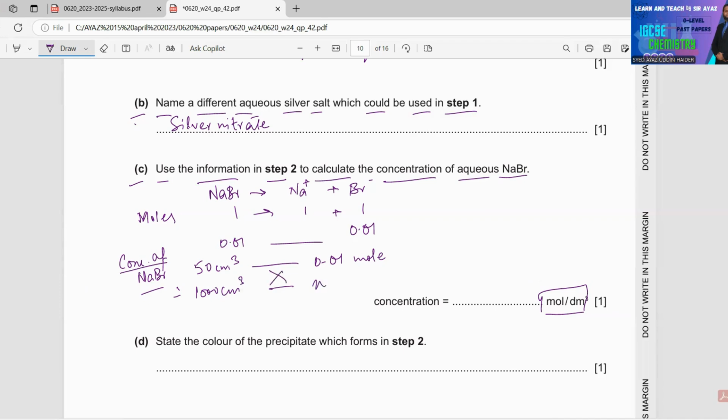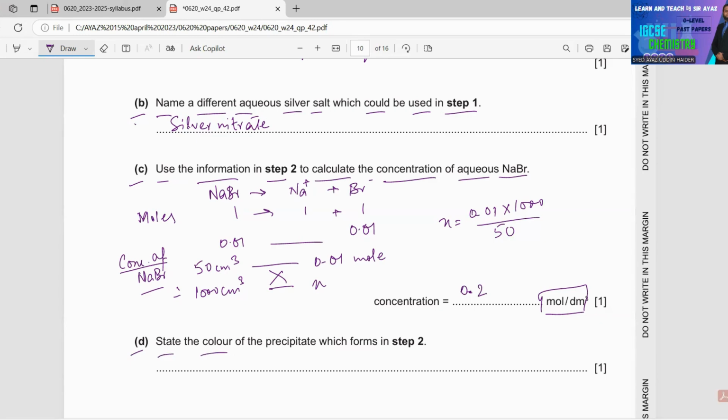Do the cross and you will get x is equal to 0.01 multiplied by 1000 and divided by 50. So we'll get 0.2 mol per dm3. So I will write 0.2 here.